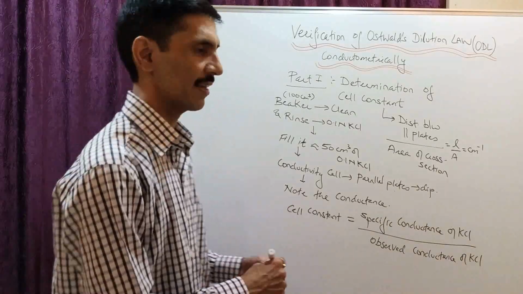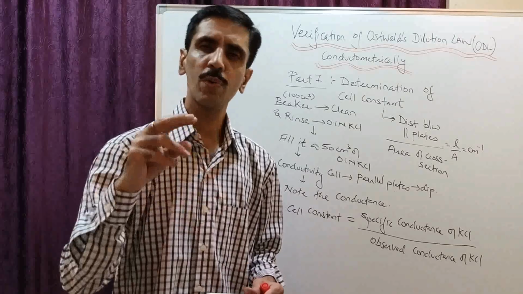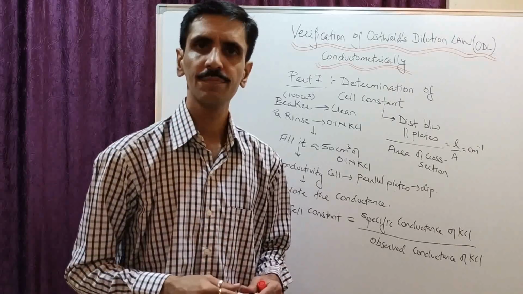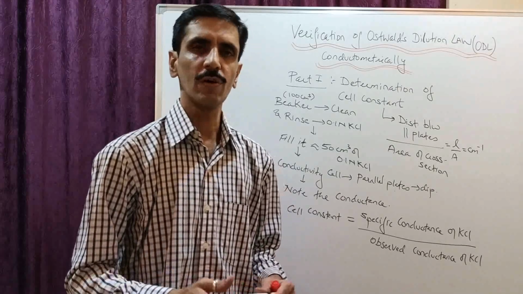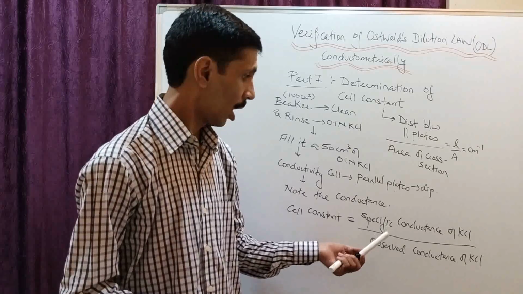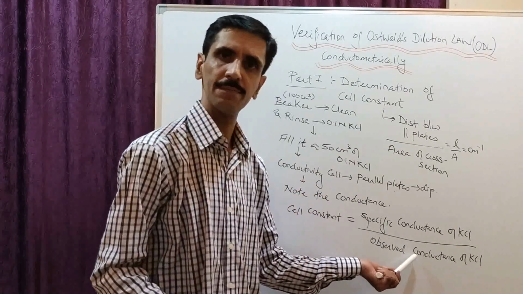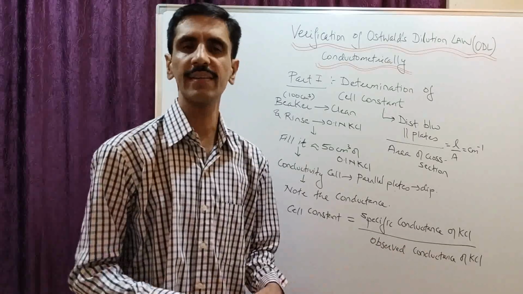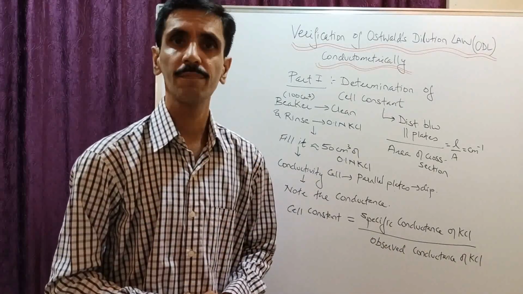Specific conductance of KCl is available from the literature corresponding to the particular temperature, because it is dependent on temperature. So that value will be in the numerator. The observed conductance, which I said to note, that value will come over here. And then you evaluate the cell constant. This is the practical determination of cell constant.